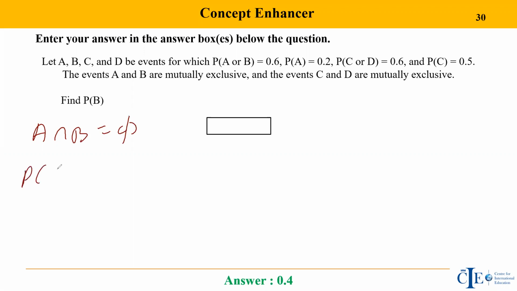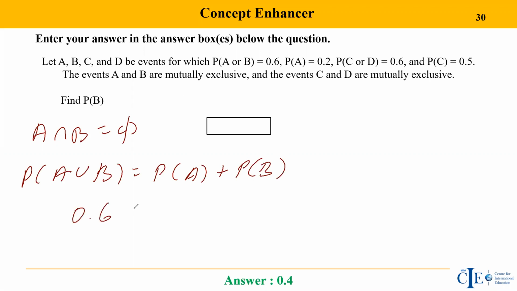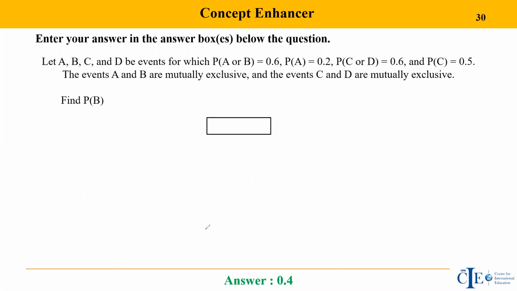So P of A union B, as per the sum rule, would be simply P of A plus P of B. You need to find the probability of B. Now P of A union B is 0.6, which equals 0.2 plus P of B. Just take it to the other side. You get P of B as 0.4. This was a direct substitution.